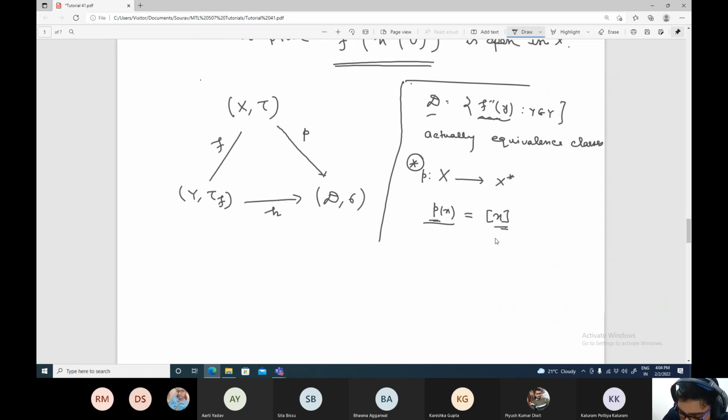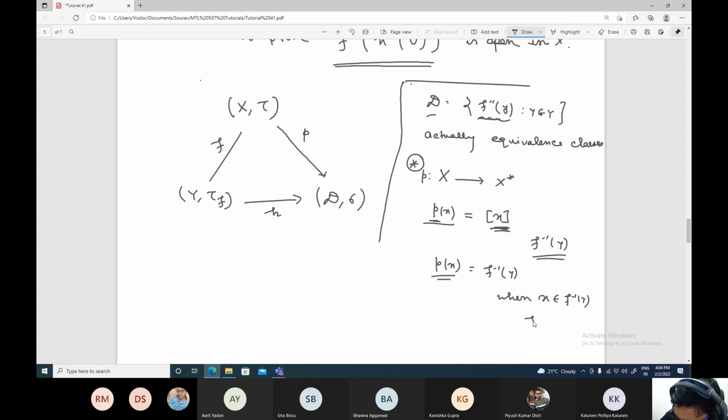Each element x belongs to some f inverse of y, and so P of x equals f inverse of y, when x belongs to f inverse of y.